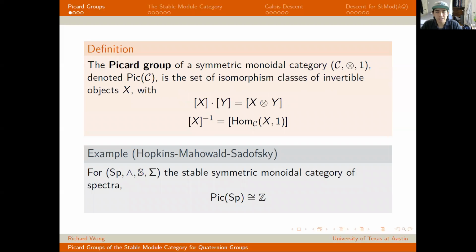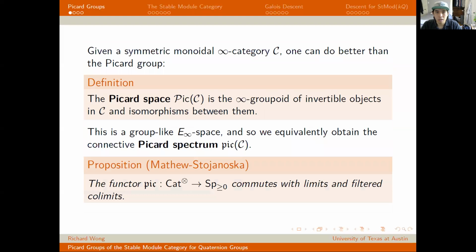So if you have a symmetric monoidal category C, the Picard group is the set of isomorphism classes of invertible objects. These are studied in homotopy theory, especially in chromatic homotopy theory. Given a symmetric monoidal infinity category, you can do even better than the Picard group by looking at the infinity groupoid of invertible objects. This is a group-like E-infinity space, and so we equivalently obtain a connective Picard spectrum.